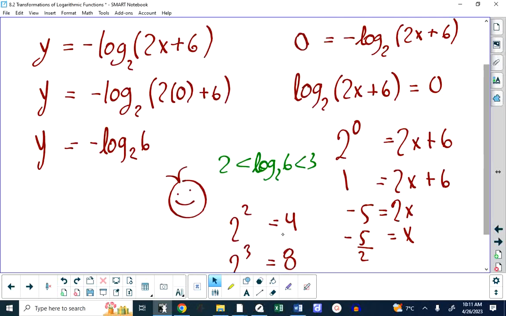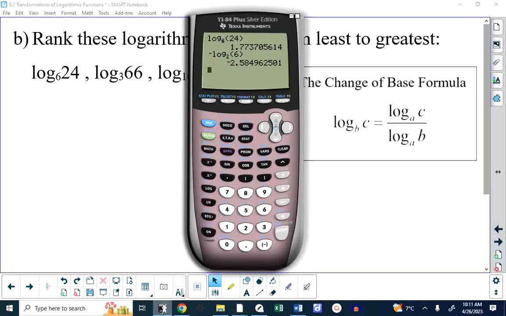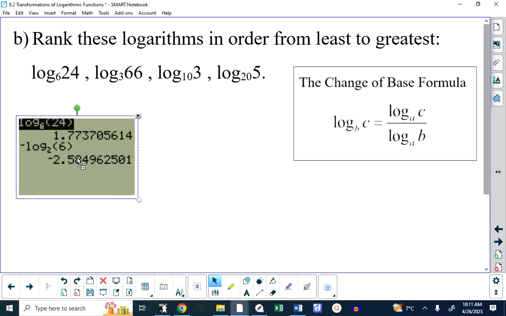So we can go through with this question and calculate these four things. This was 1.77, approximately.